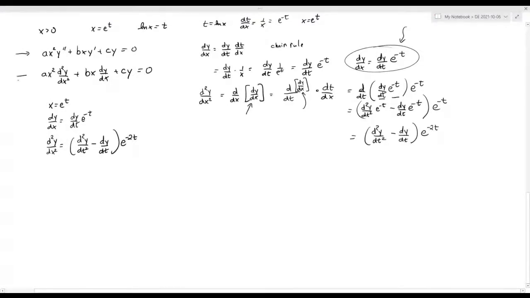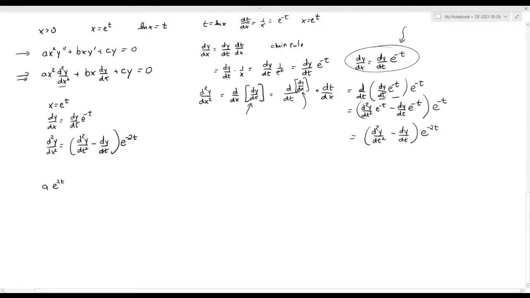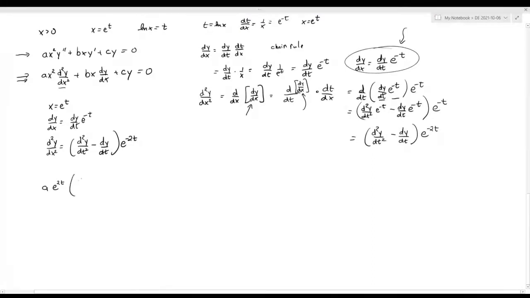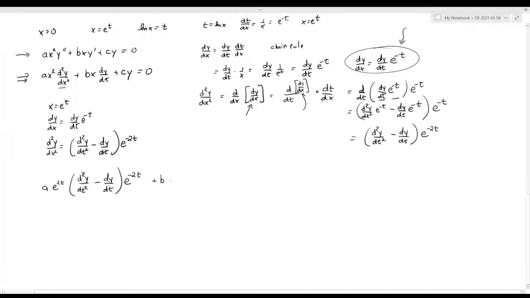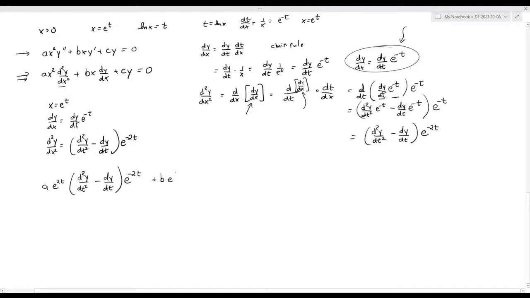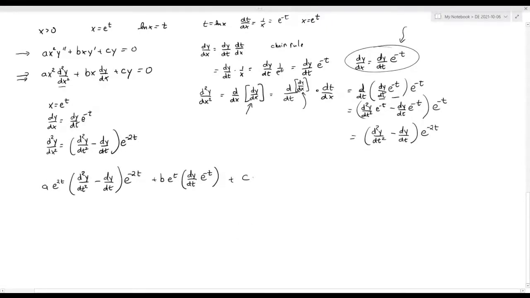Looking at the original, you get a times x squared, so that becomes e to the 2t. The next term is b times x, where x is replaced with e to the t, and dy dx is replaced with its equivalent. And then we have plus c times y, where y is now a function of t.